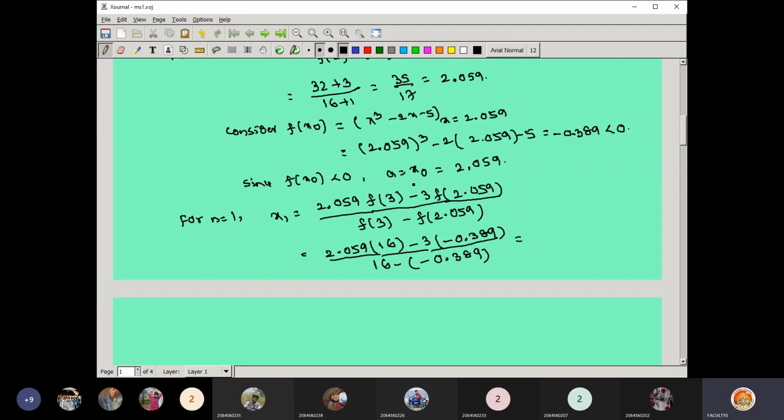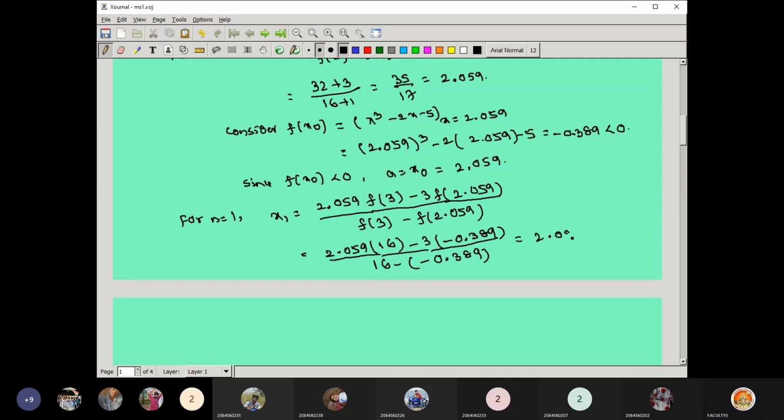What is the answer? 2.059 into 16, and that becomes plus 3 into 0.389 divided by, so 16, and that becomes plus 0.389. So you are getting the final answer. Are you getting 2.081?